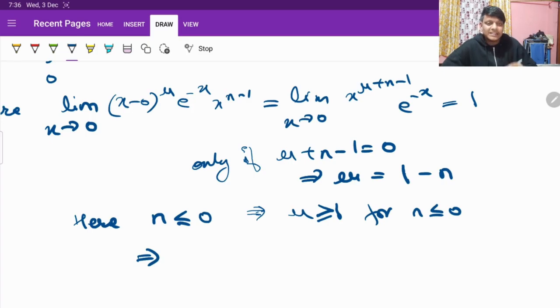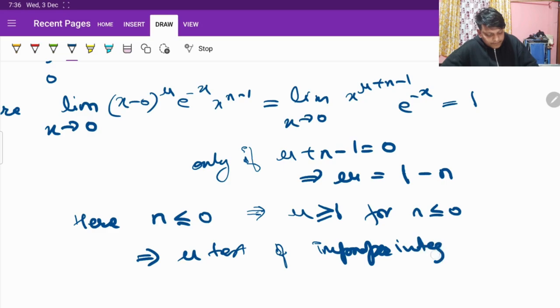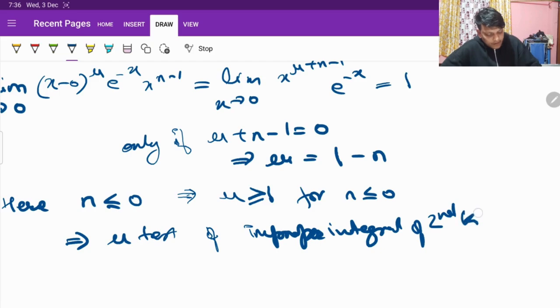So by the mu test of improper integral of the second kind, what we can say about this is, for mu greater than or equal to 1, the improper integral is going to be divergent.